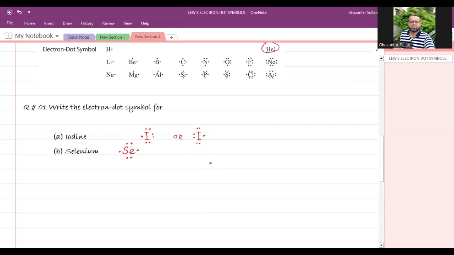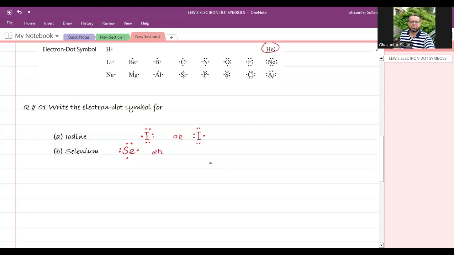But the better way is to draw the pairs on top and one of the sides, and single electrons on one of the sides and bottom.